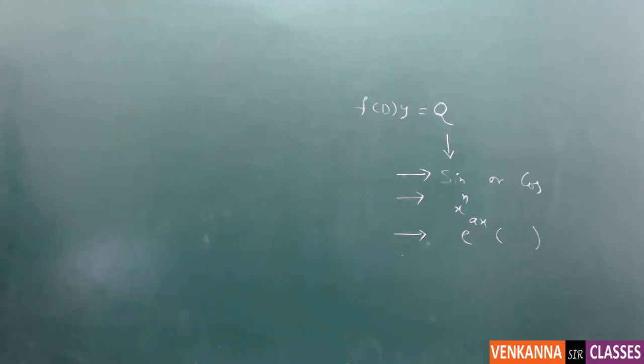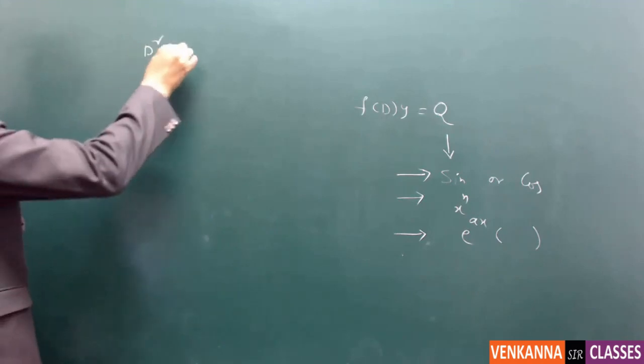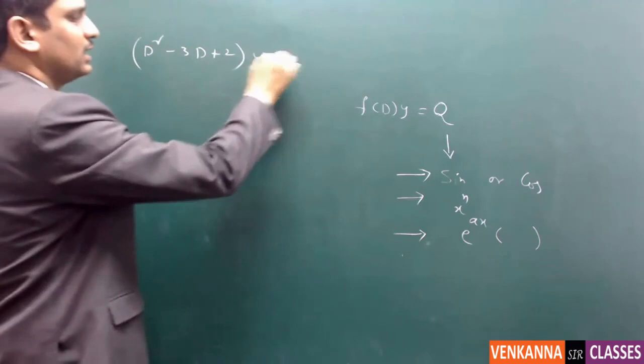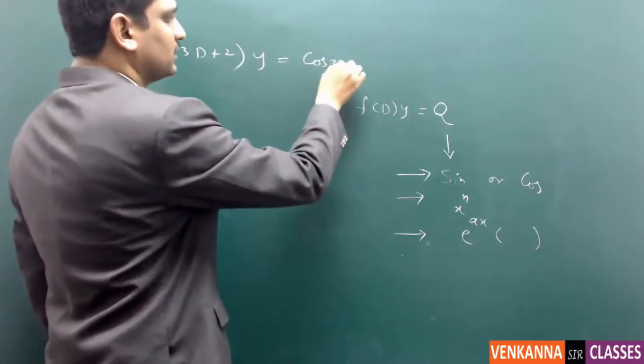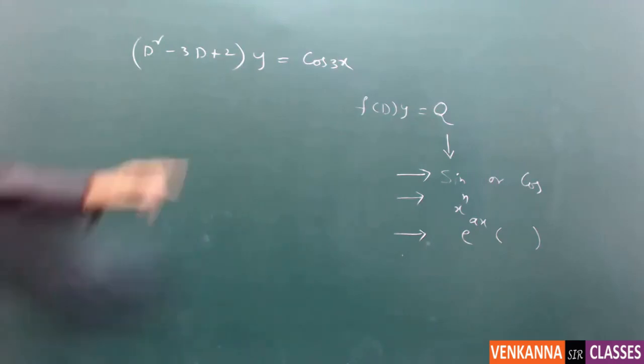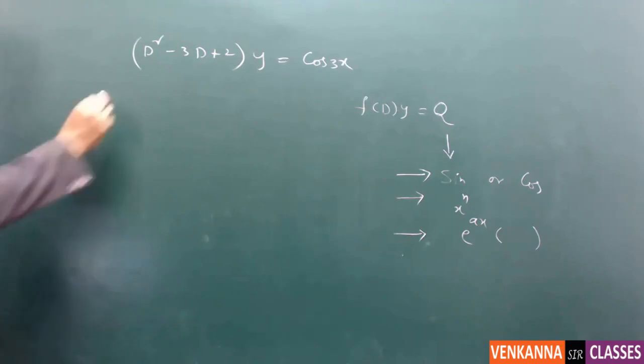Fine. Now, let us take an example first. So while discussing with the example, I am going to do the problem. So let us take the problem that D square minus 3D plus 2 into y equal to cos 3x. So I request you to find the yc for the given problem.